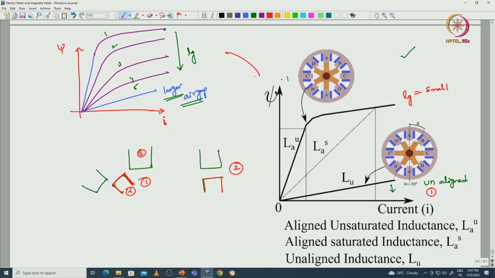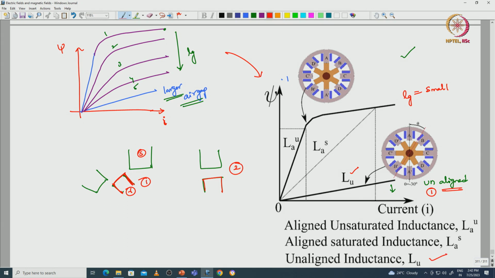So the flux linkage versus current waveforms for electromagnets are applicable, and it is the same for the switched reluctance machine also. The inductance with respect to case 1, that is the unaligned condition, is represented with Lu, that is the inductance with respect to the unaligned position.